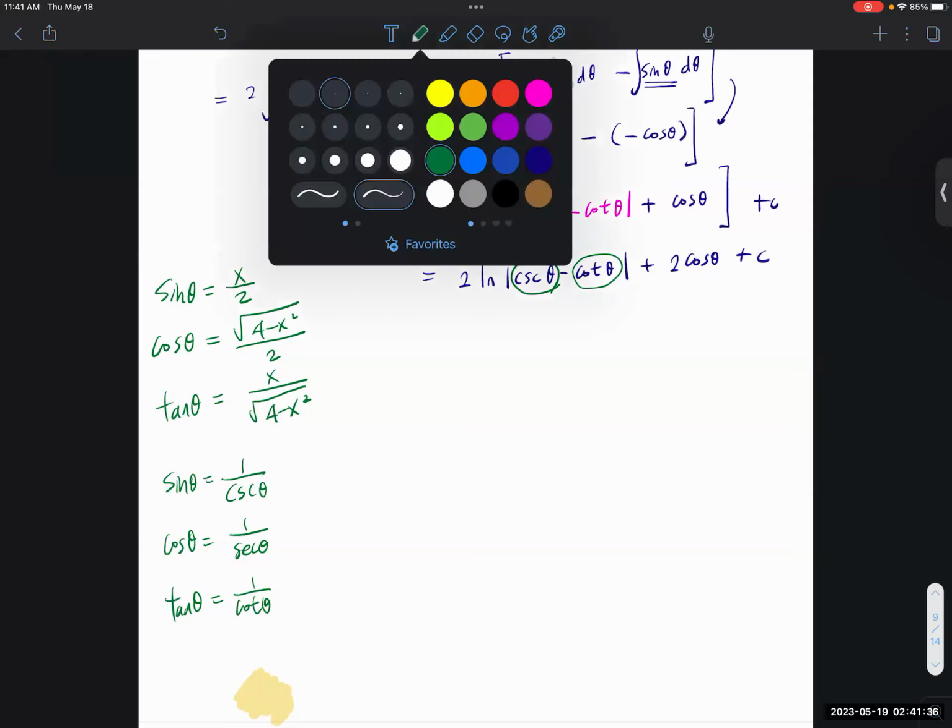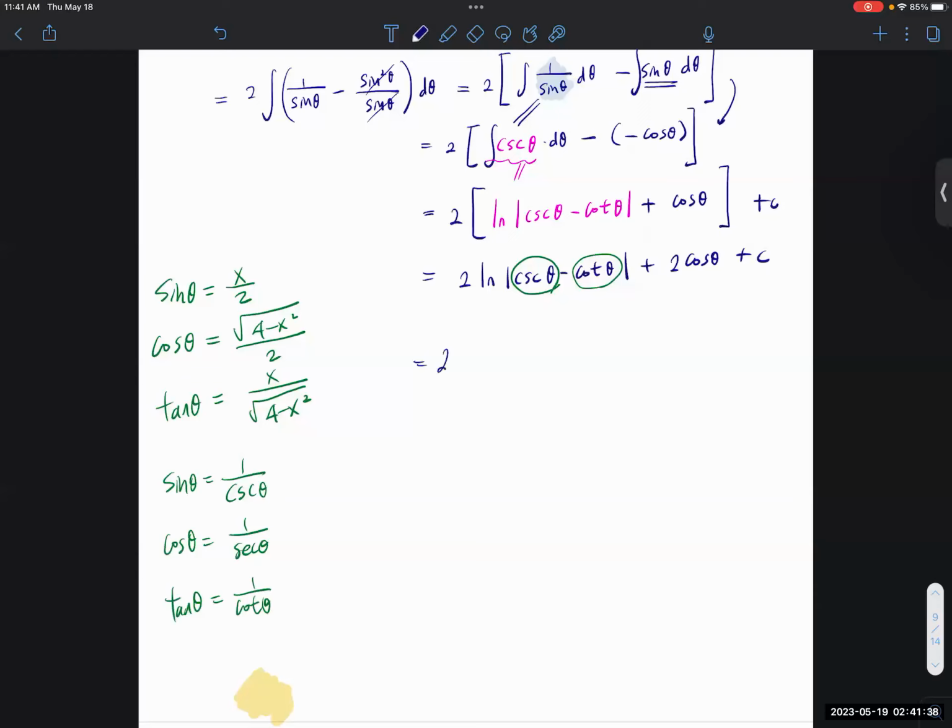So you can convert it. So now 2 ln cosecant theta is going to be opposite over sine. So it's going to be 2 over x, correct? And then cotangent is opposite over tangent. So we already know tangent. You're going to have opposite, radical 4 minus x second over x.